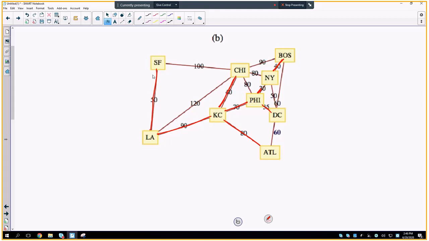So how does it look? It looks San Francisco to Los Angeles, Los Angeles to Kansas City. Kansas City has a bunch of connections. It goes to Chicago, it goes to Philadelphia, it goes to Atlanta.